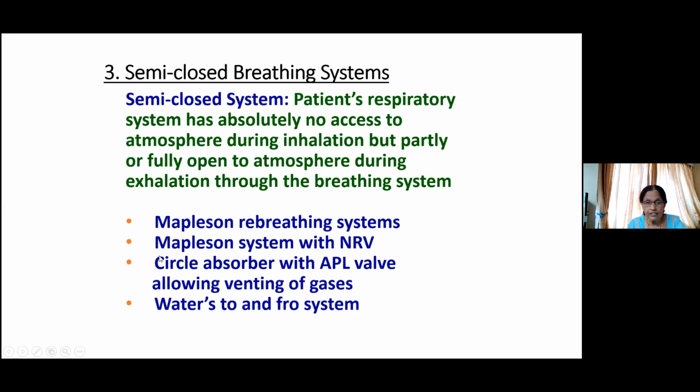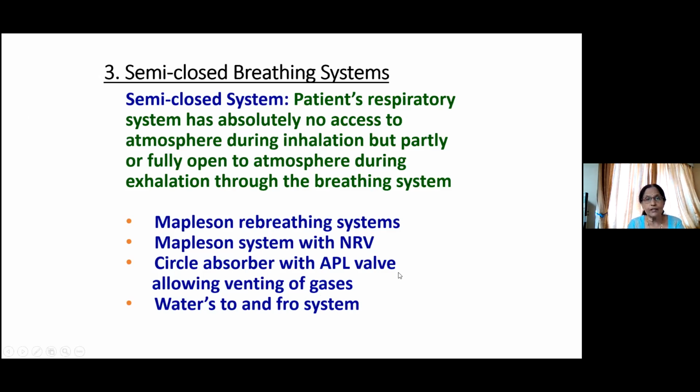Please remember some of the students, whenever they are given a valve, NRV, they say Mapleson system is semi-open. It is not. It is still semi-closed because gases have to enter through the system, through the Boyle's machine and the circuit. Gases cannot enter from atmosphere. So the open word is out. It is still semi-closed. Only thing, there is no rebreathing. Circle absorber with APL valve allowing venting of gases.